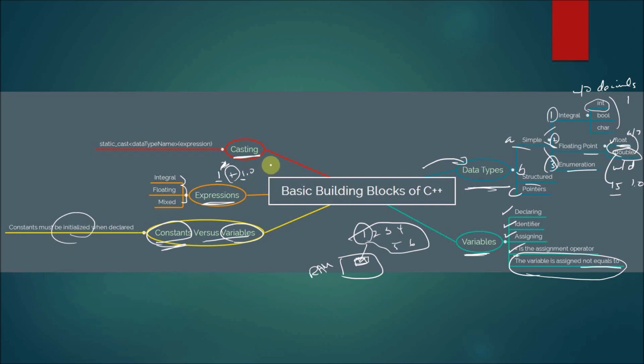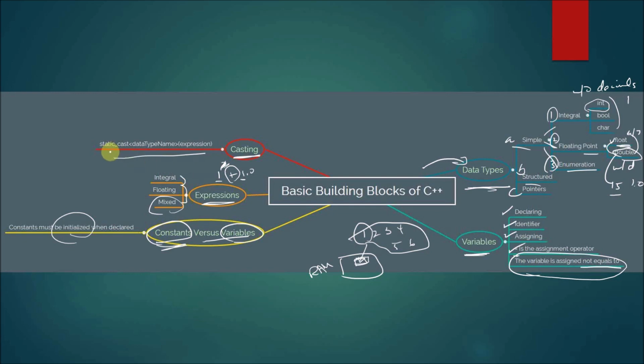When working in C++, there's also what's called casting, type conversion, or typecast. Sometimes when we're in a mixed expression, you may not get the value that you want in your program. If that's the case, you want to cast.